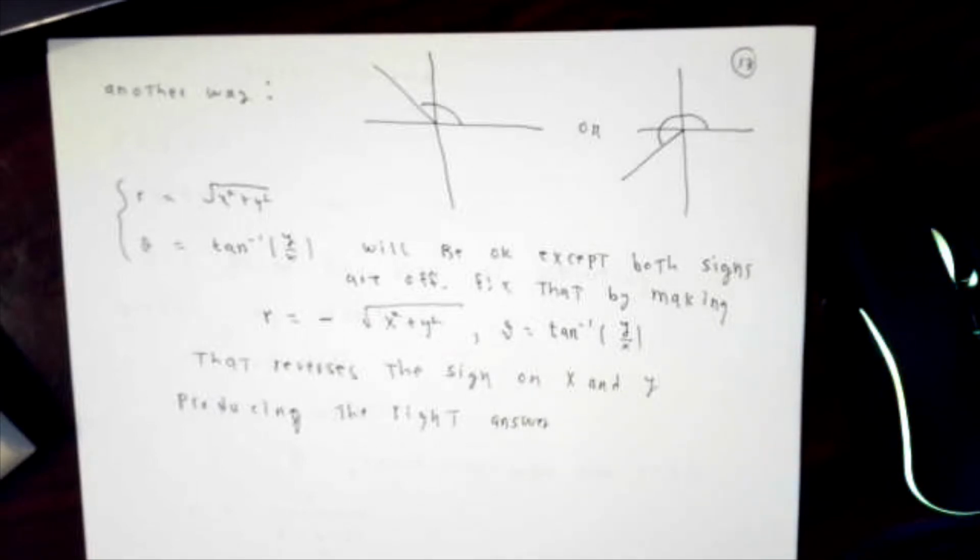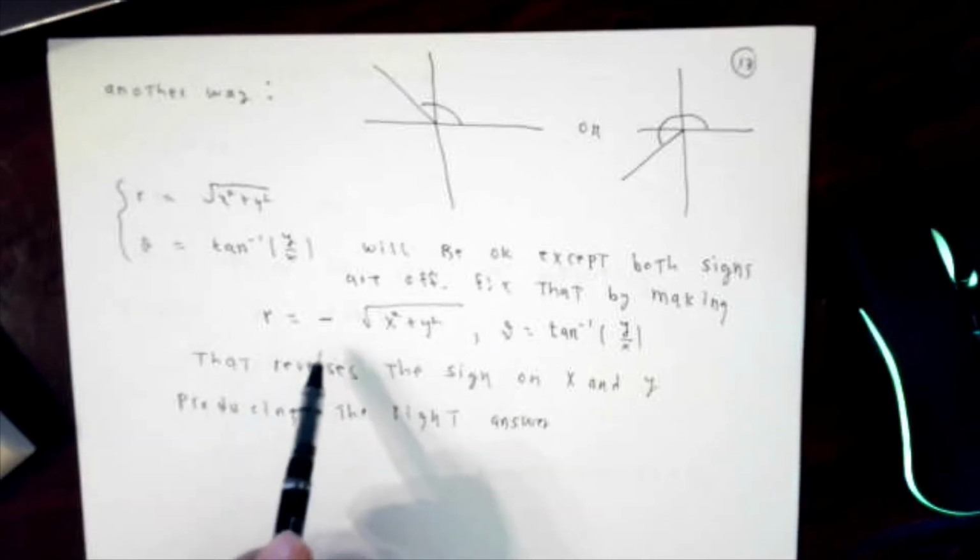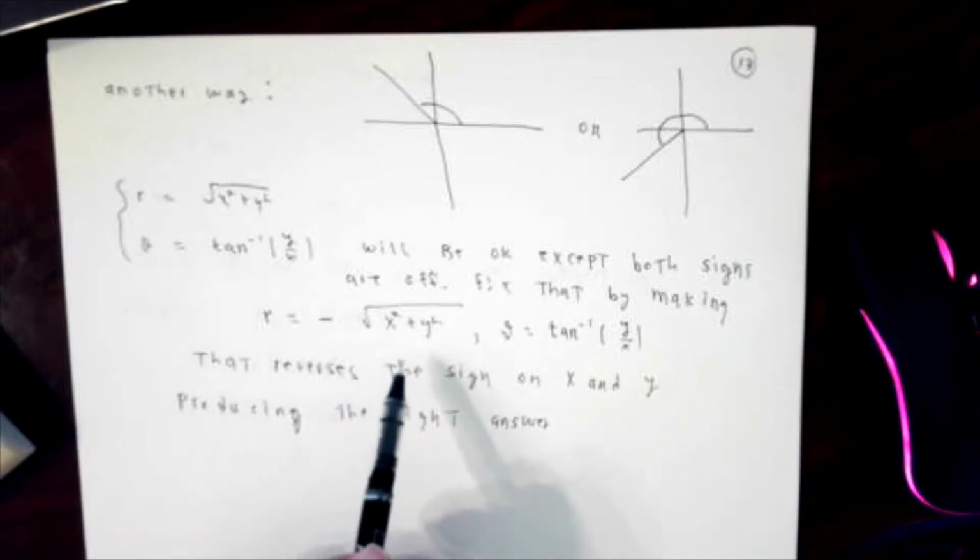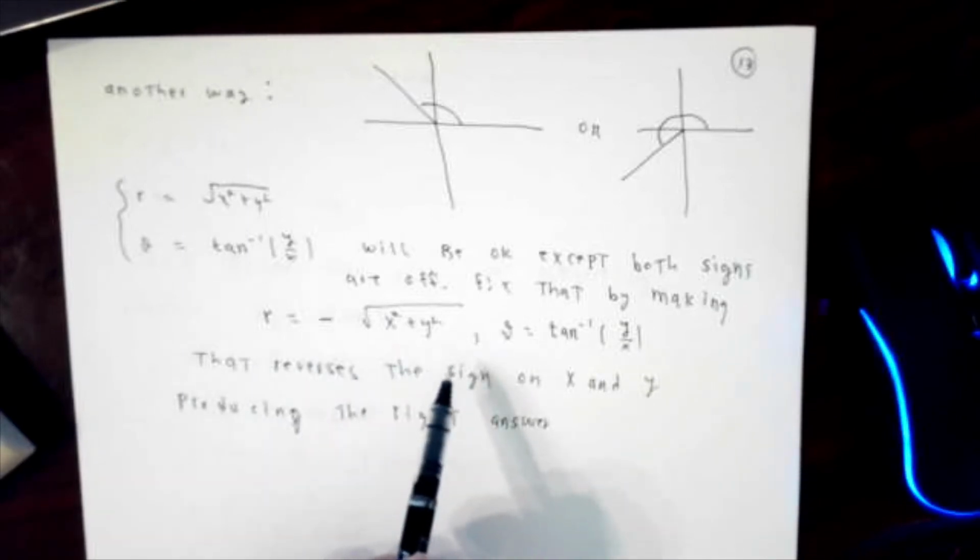Another way you could fix this problem is to say, I don't care about any of that inverse trig function stuff. Theta is always going to be inverse tan of y over x, the end. If you're in quadrant 2 or 3, instead of letting r be the square root of x squared plus y squared, let r equal the negative of the square root of x squared plus y squared.